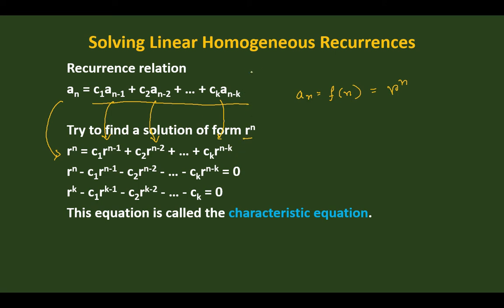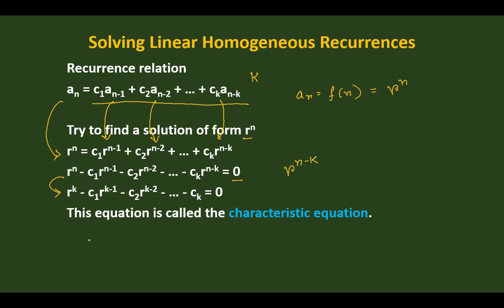This relation is a linear homogeneous recurrence relation of order k. Now put all of this on the left hand side and the right hand side would be 0. After that, we are going to divide the left hand side by r to the power n minus k.